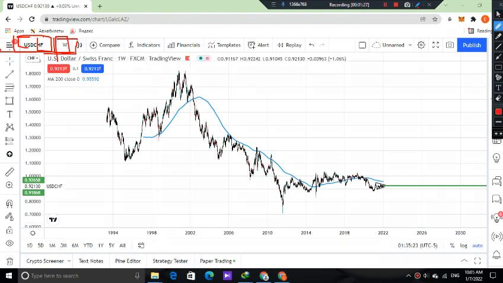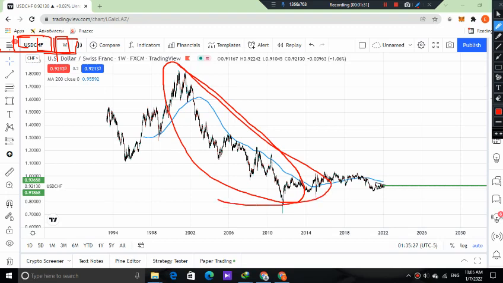And for a long time it was a bearish movement, but after that it started to go up, but we still have this obstacle here. It wasn't successful to break this.